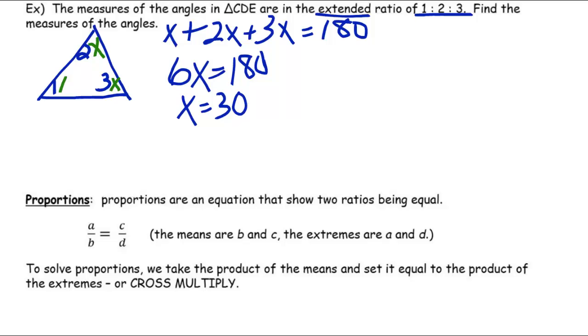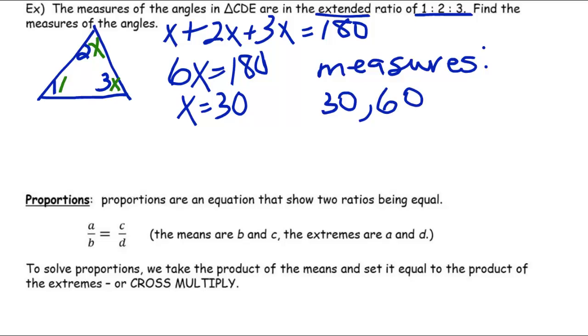Now, if I want to know what the measures of all the angles are, the measures are 1x, which is 30, 2 times 30, which is 60, and then 3 times 30, which is 90. And so those are the degrees of all 3 angles.